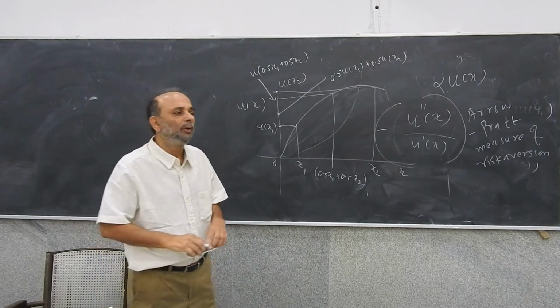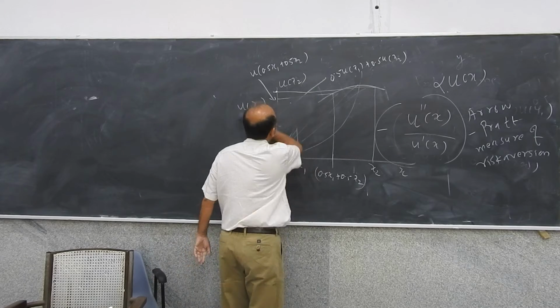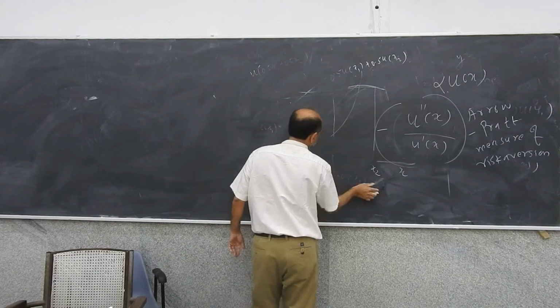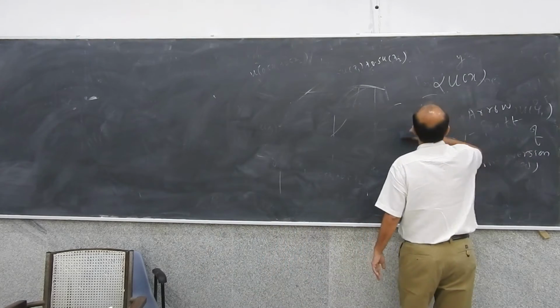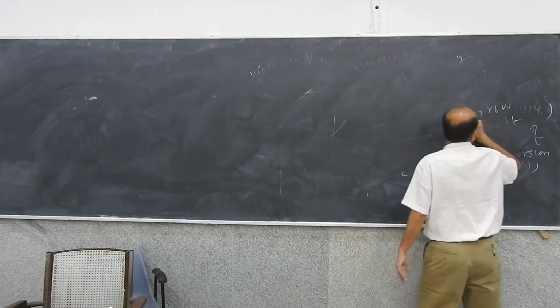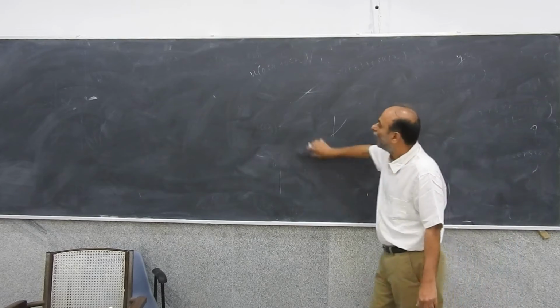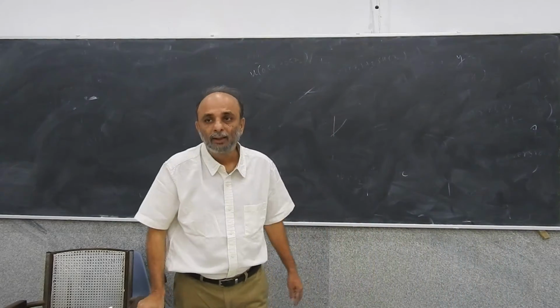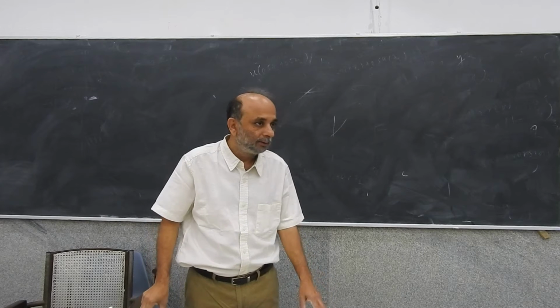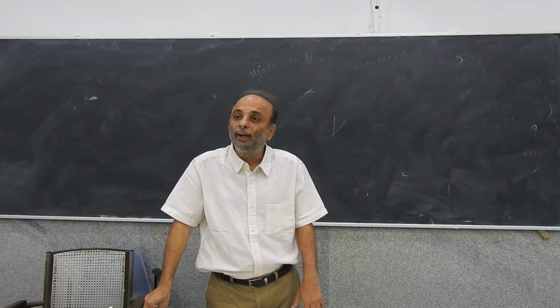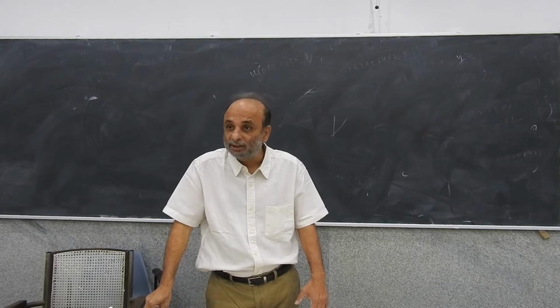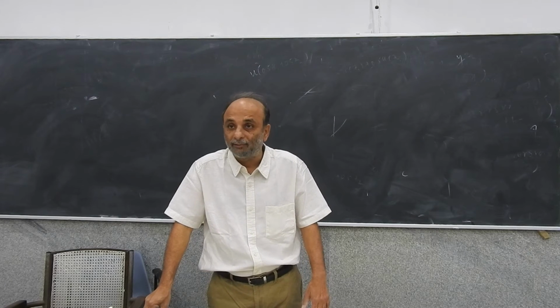So let me ask you a question. I have an individual who works in the labor market, who derives his utility from wages. But to work in the labor market, he has to put in some effort, and he dislikes effort.